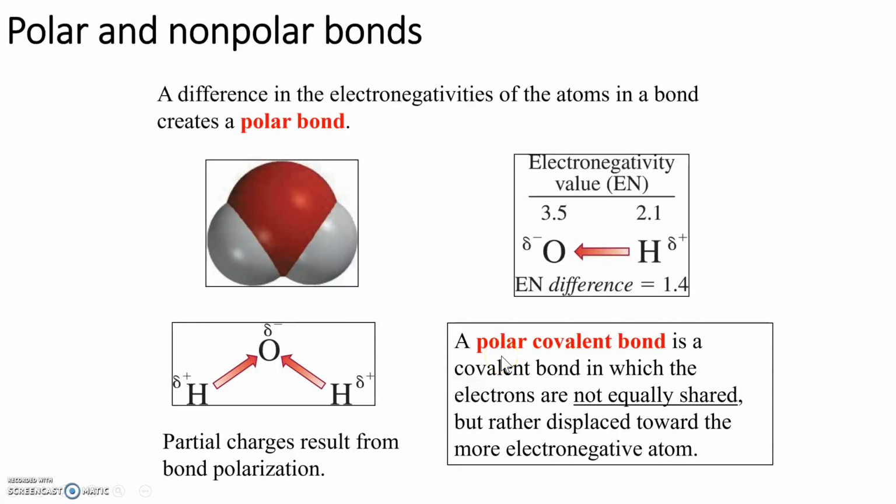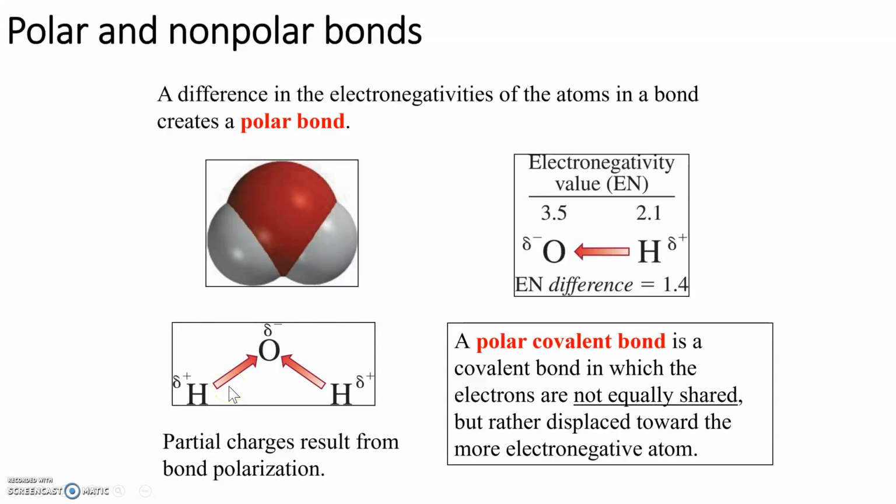So water has polar covalent bonds, and as a result, that electron density is not evenly distributed throughout the molecule. We can talk about polar bonds. We can also talk about polar molecules. A polar bond is when the electrons are not equally shared between two atoms in the bond.